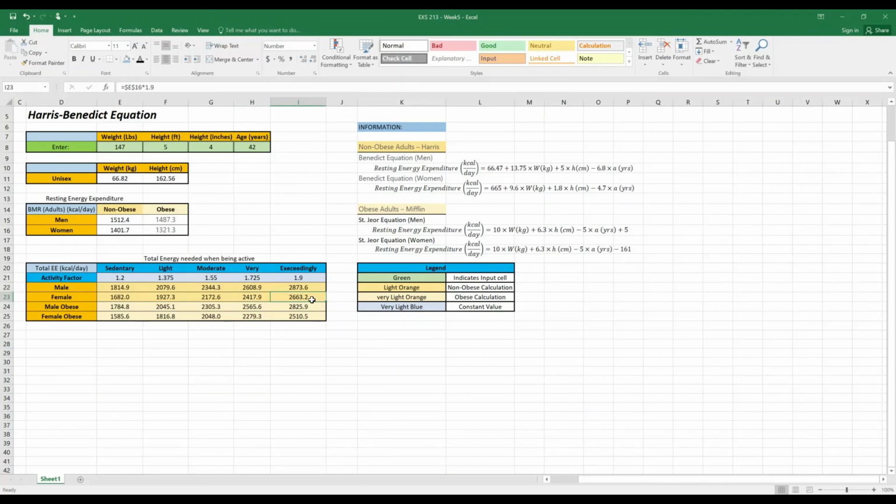Well, if you're exceedingly active, which is the highest level that we have here on this equation for the Harris-Benedict equation, you're going to be expending 2,663.2 kilocalories per day. So that's a quick and very nice reference. I like it.